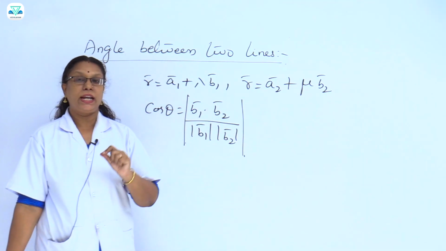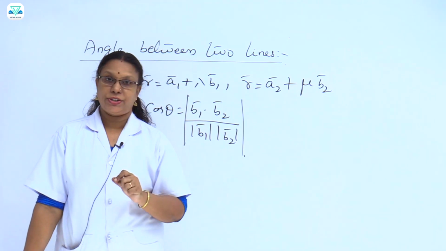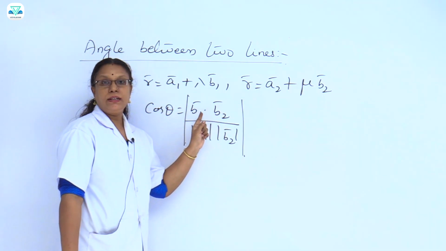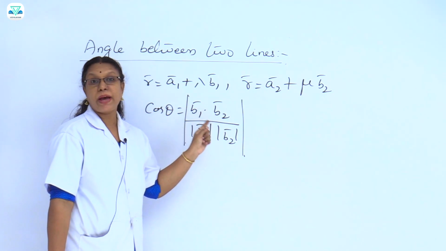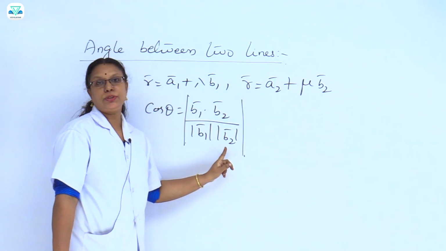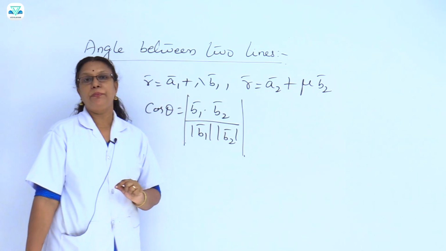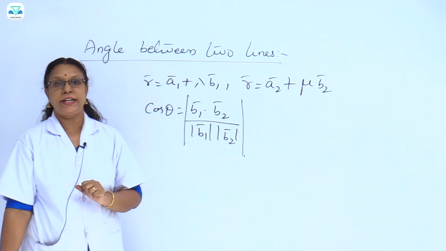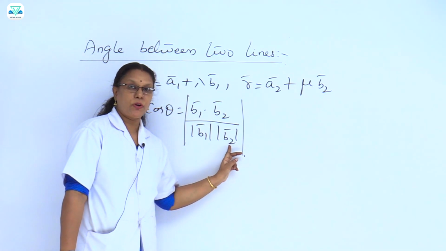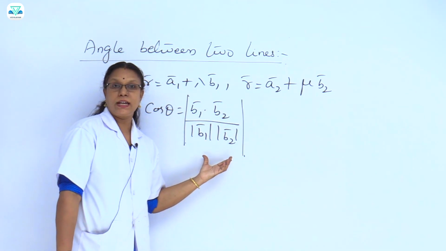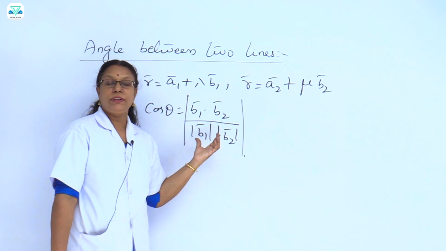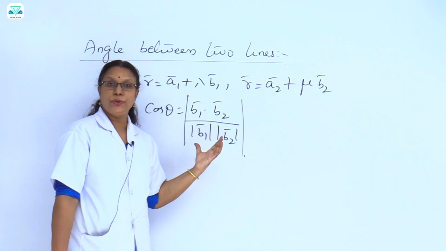That is, if the lines are given in the vector form, the angle between the lines is, you have to consider their parallel vectors, b1 dot b2 by modulus b1 into modulus b2. When the vector formula is given, identify the parallel vectors and find b1 dot b2 by modulus b1 into modulus b2 and take its absolute value, that is, we consider here theta as the acute angle.